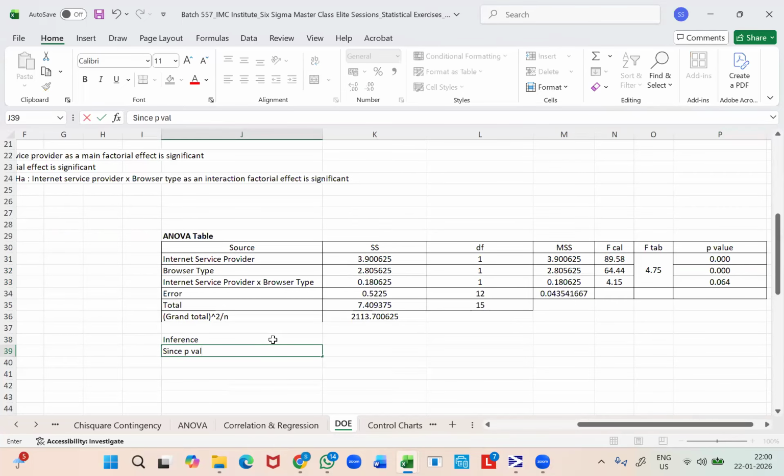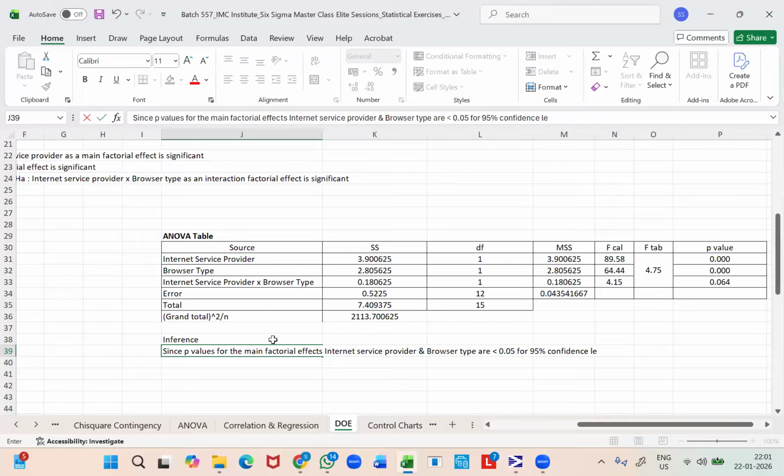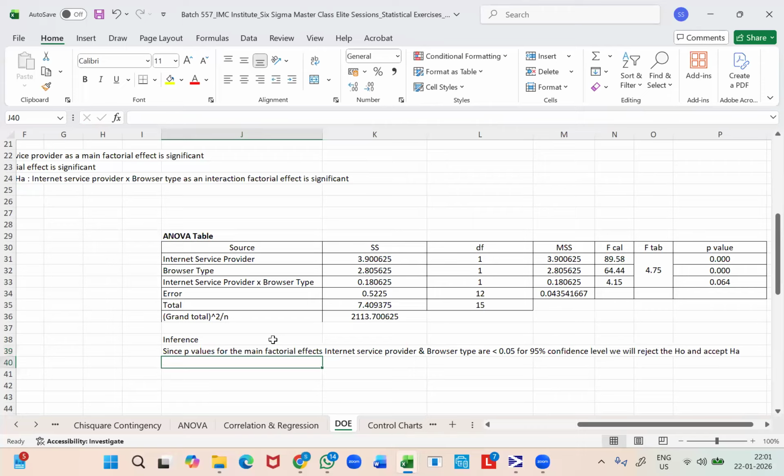So since p-values for the main factorial effects, internet service provider and browser type, are less than 0.05 for 95% confidence level, we will reject the null hypothesis and accept the alternate hypothesis, right?